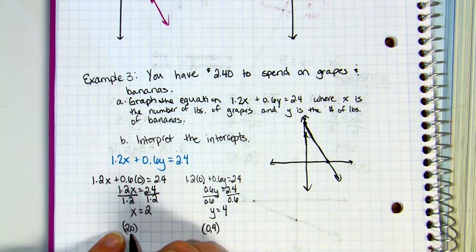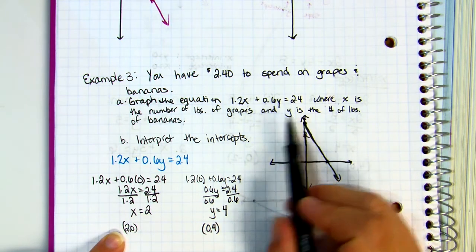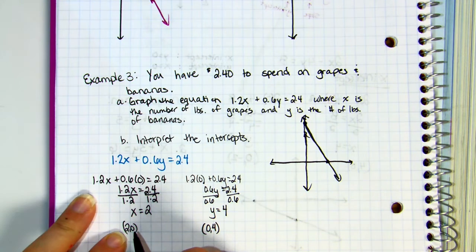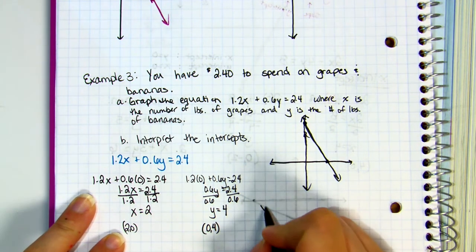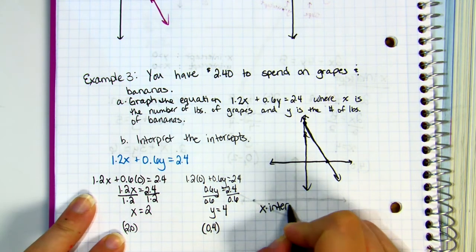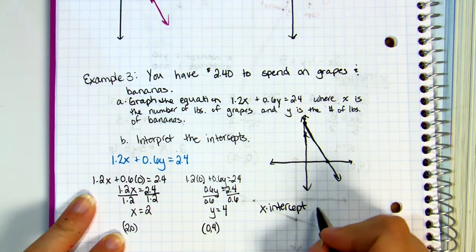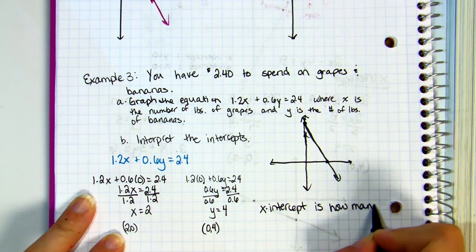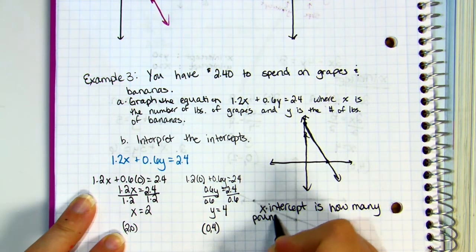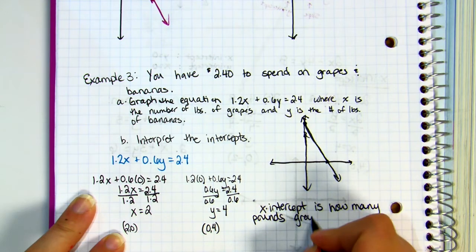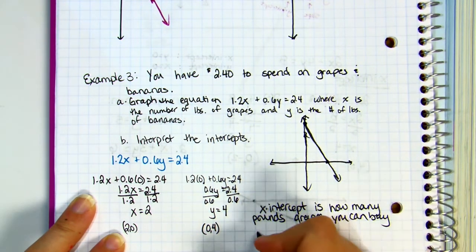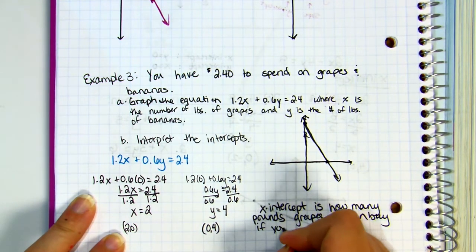My x-intercept is where y equals 0. Remember, y is the number of pounds of bananas. So what this is saying is I didn't buy any bananas. So the x-intercept is how many pounds of grapes you can buy without buying any bananas, or if you don't buy any bananas.